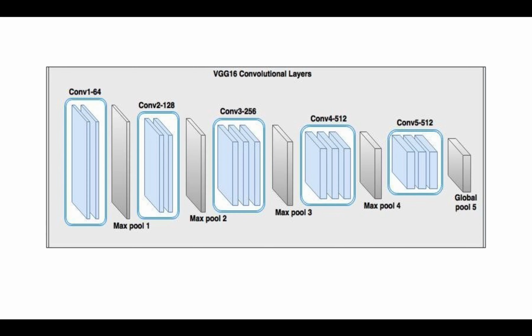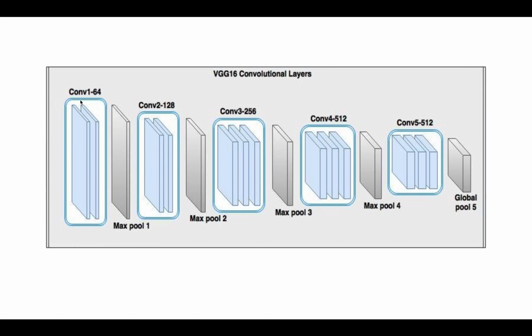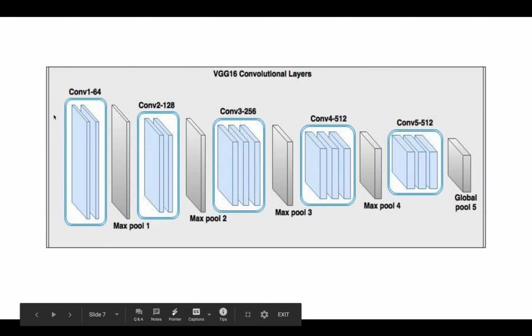But here they changed the structure of the network by grouping. In a particular group they use two CNN layers, then a max pooling layer. With this max pooling, this is called one VGG block.